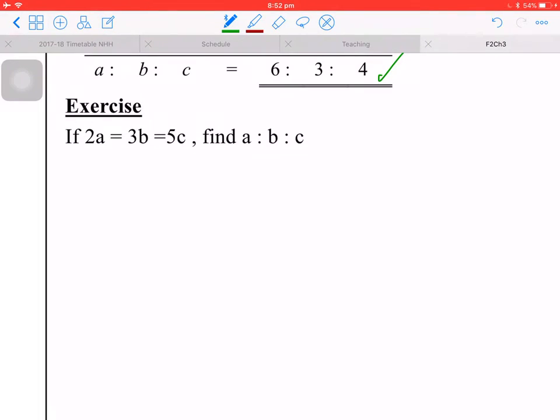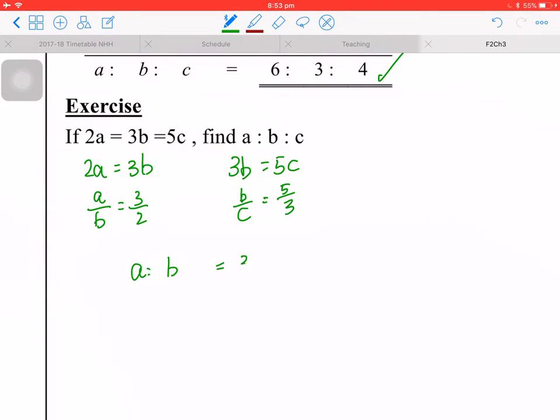So here, for 2A equals 3B, and 3B equals 5C, you should know that A to B will be 3 to 2, and B to C will be 5 to 3. You put down A to B here, 3 to 2, and then B to C, 5 to 3.